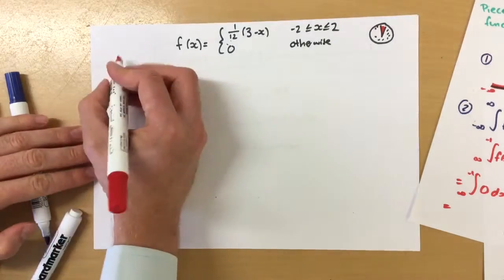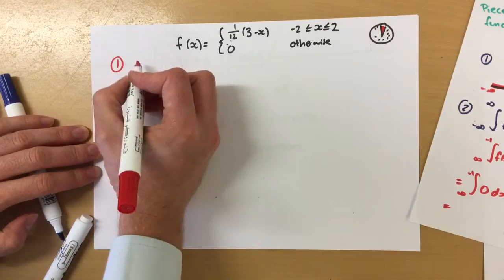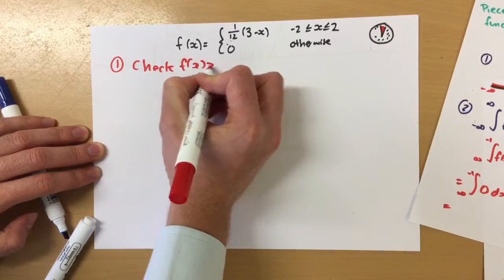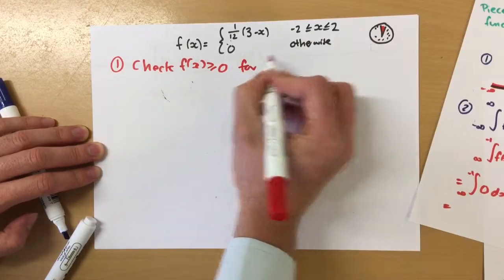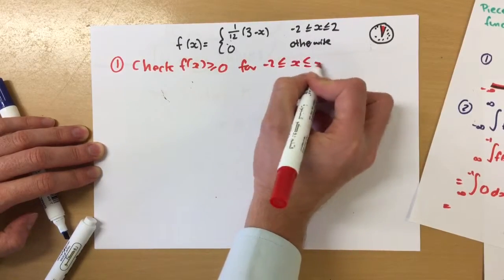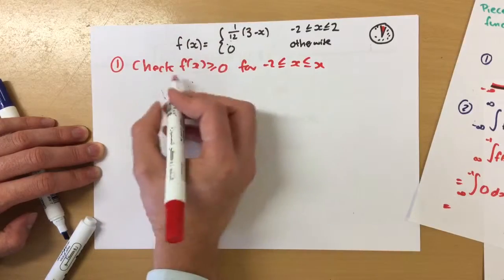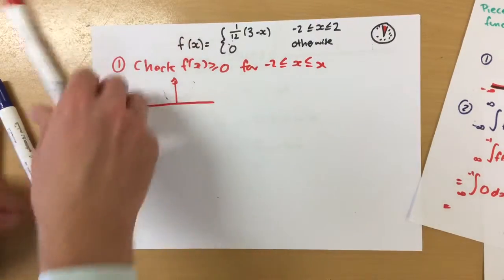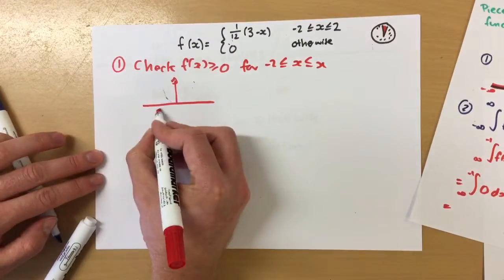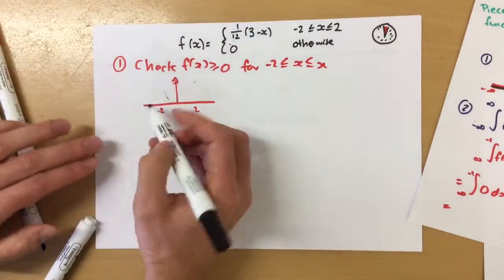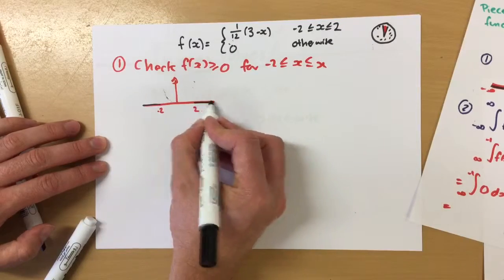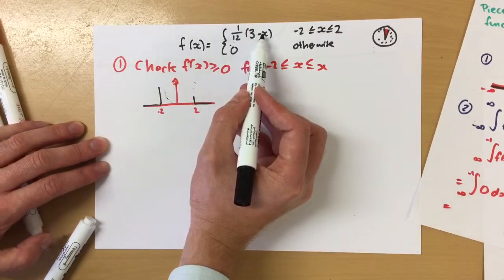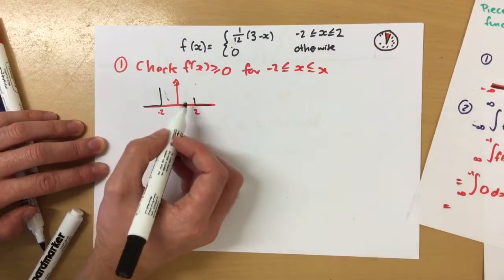Right, first check: f(x) is greater than or equal to 0 between these two values. Apart from that, it's 0. Hopefully you sketched it out. We've got -2 and 2, and the graph will be 0 either side, and between them is a negative linear function.